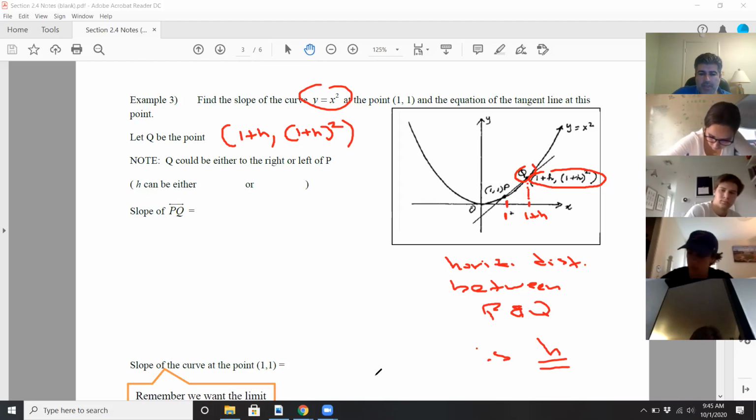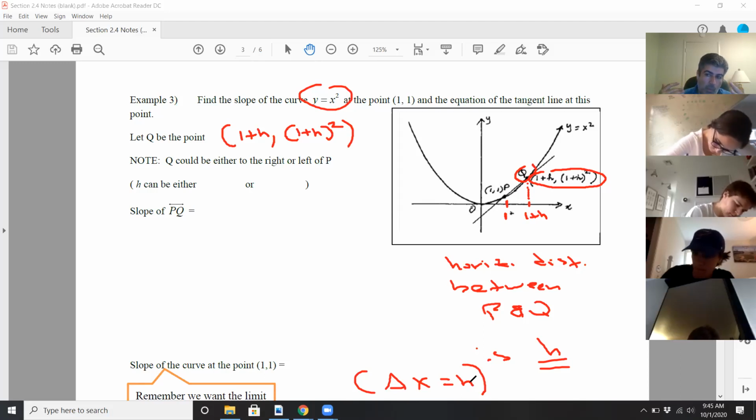Sometimes we say this, delta x equals h. Delta x is a change in x, so we're deliberately calling the change in x h. Why that letter? I don't know.